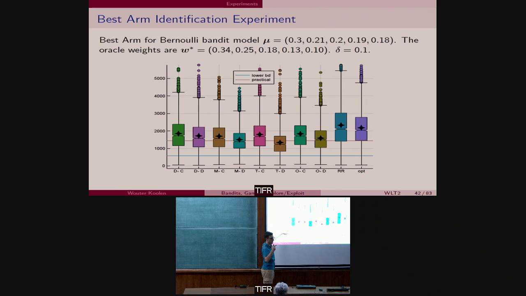If you use the threshold that we actually put in the stopping rule, which already has lower order terms, and figure out what that should tell you about stopping, since you're not going to stop earlier than that, then you already get the red one. So that's maybe more representative. In the lower bound, you really have a log 1 over delta and nothing else. But in the stopping rule, our threshold features these lower order terms.